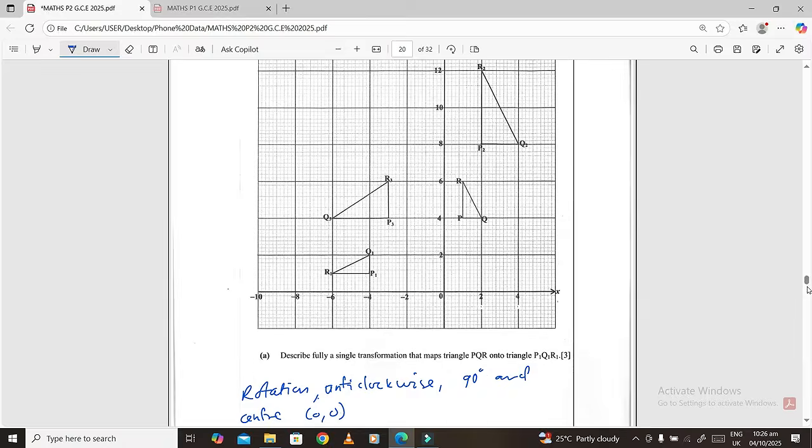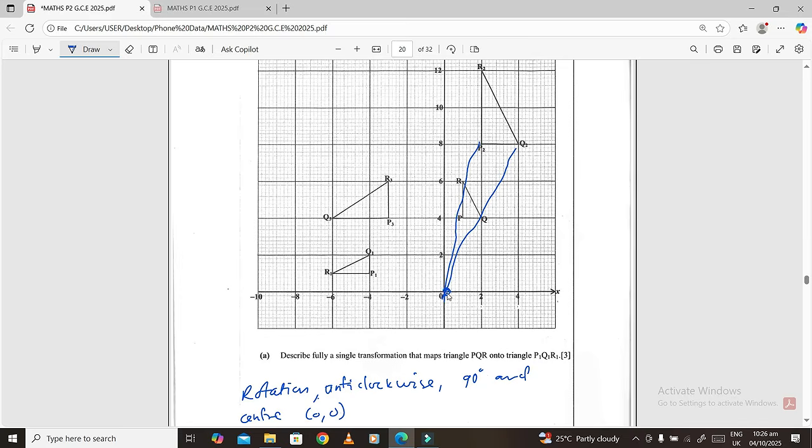Normally what you do here is you start joining. Put a ruler, let the line pass through this point and pass through the corresponding point, and then pick another point, draw all the way.